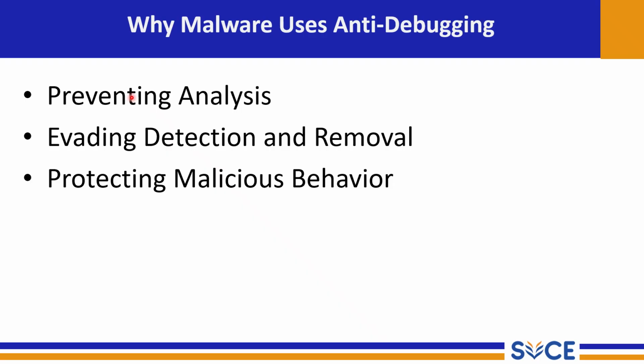First one, termination, gracefully terminating the application to prevent further analysis. And next, altered behavior, changing the application's behavior to mislead or confuse the attacker, such as displaying incorrect data or entering a safe mode.